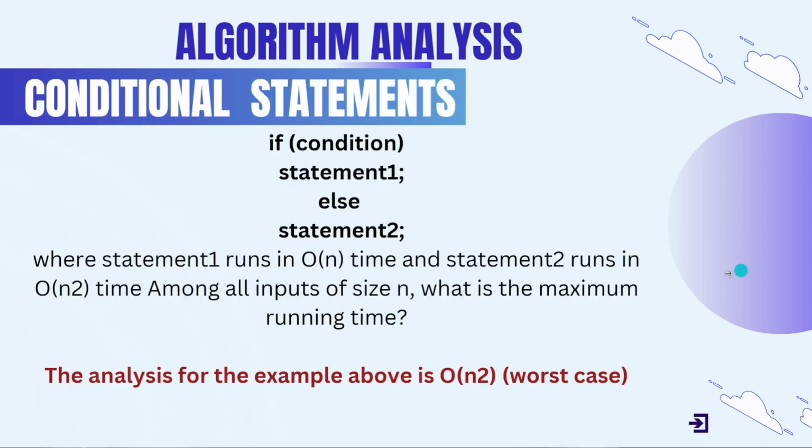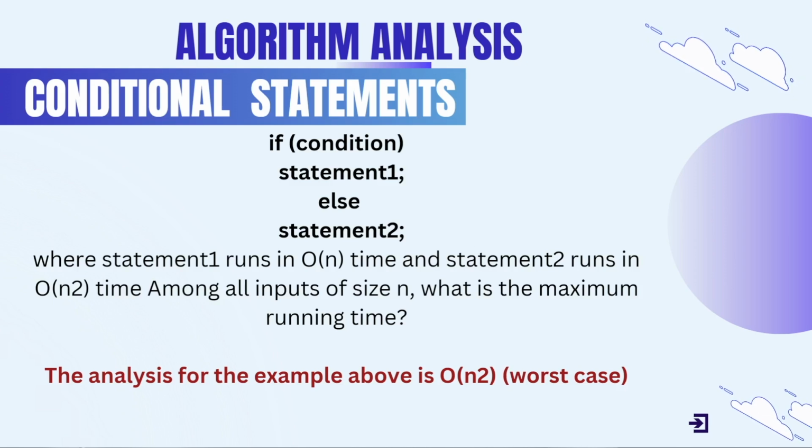Next, we have to see what to do in case of conditional statements. Whenever we have conditional statements in our code, depending upon how the condition gets evaluated, we may either execute statements that are part of if, or if the condition fails, we will execute statements that are part of else.